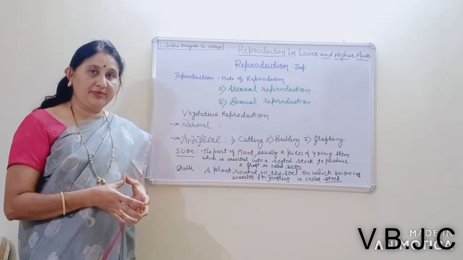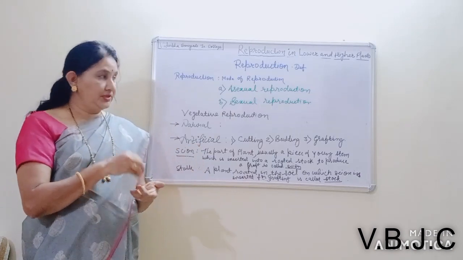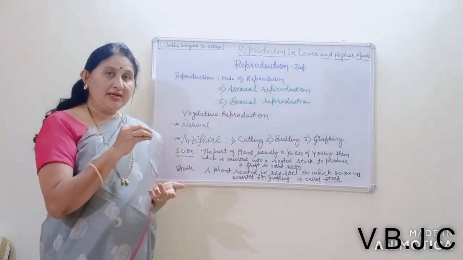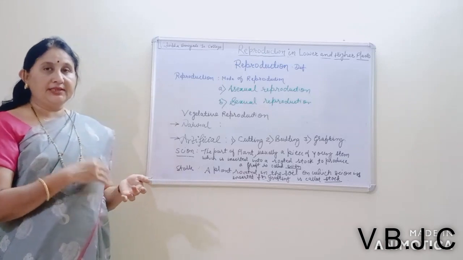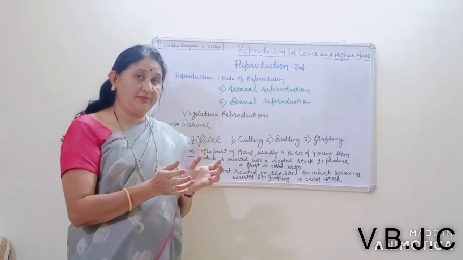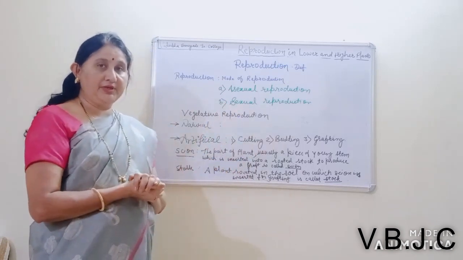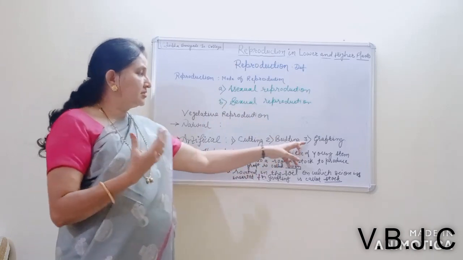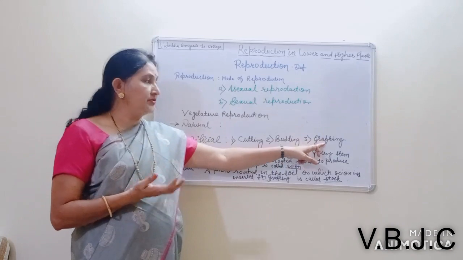You know that the cambium is present in the vascular bundle of the plant. It is a meristematic tissue, able to divide again and again, so cell division takes place there with the help of the cambium, and a new plant is produced.